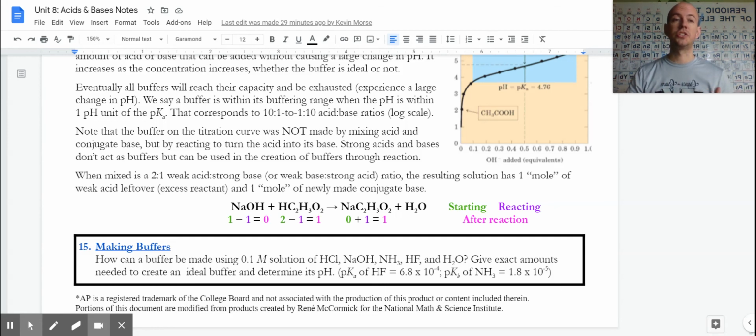We've got our definitions of strong and weak. We've got math for strong and weak. We have buffers. We have titration curves. We have indicators. So the key is to really simplify each part of a question to focus in on what is being asked and understand when we're dealing with equilibrium and when we're dealing with stoichiometry.